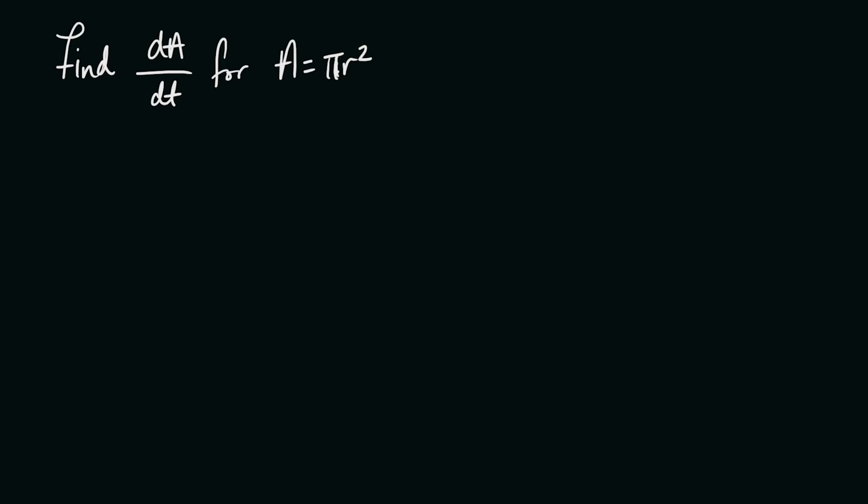Now, hopefully you just took a look at it, and you're wondering, I don't see any t though, right? I don't see t, I only see r and A, right? So this is the point that we have here. The way we would do this is we would take the derivative with respect to t of A equals pi r squared.